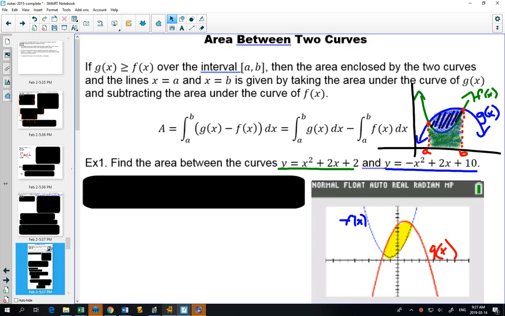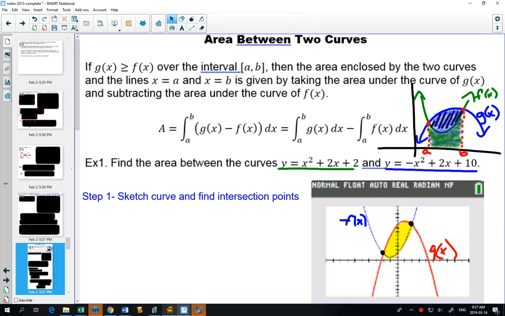So if I want to find that area, the key things are going to be, it's from where to where. How do I find out what those x values are? Other than cheating and looking at the graph and saying, well, it looks like minus 2 to 2. You set each equation equal to each other because it's where the graphs intersect. So in other words, the y coordinates have to be the same and the x coordinates have to be the same.